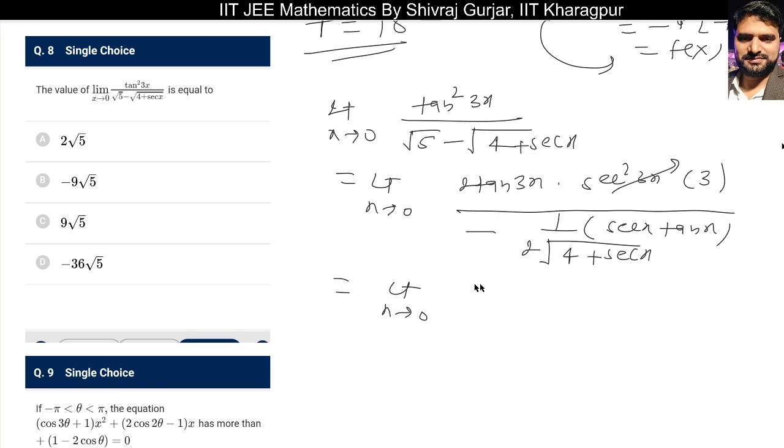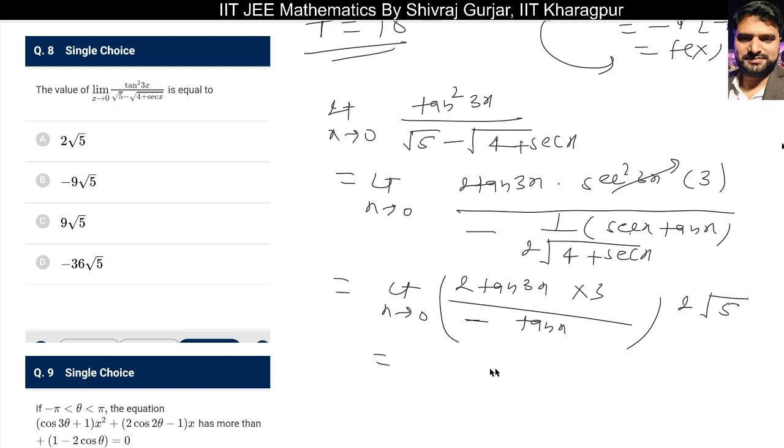Okay, so we have 2 tan 3x into 3 divided by minus sec x. This will become 1, and the denominator is 2 root 4 plus 1, root 5. Here I think it is simple. So this will be 6 into 2 is 12 root 5.